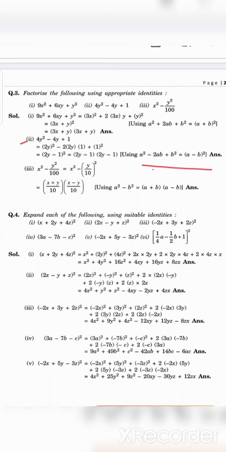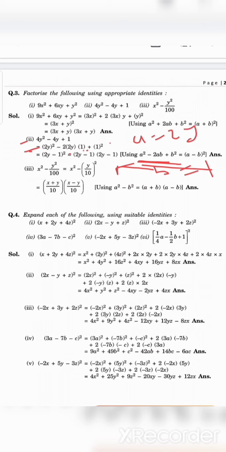So first we write the terms in whole square form. 4 is the whole square of 2, so we write 2y whole square minus 2 into the first term, which we know is 2y, so we write 2y, then a blank bracket, plus the last term 1, and we write 1 square, which is also 1, so the b term is 1. Then we substitute here and it looks like the RHS of our identity number 2. So comparing terms, we get a is equal to 2y and b is equal to 1.